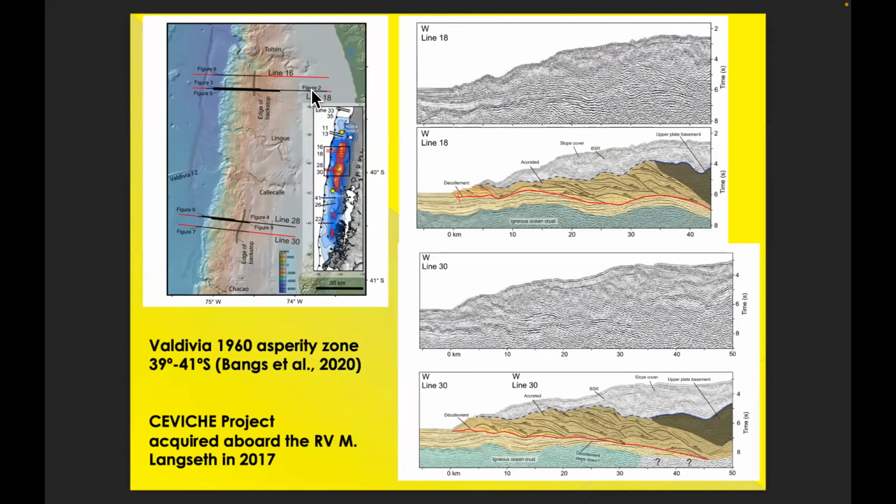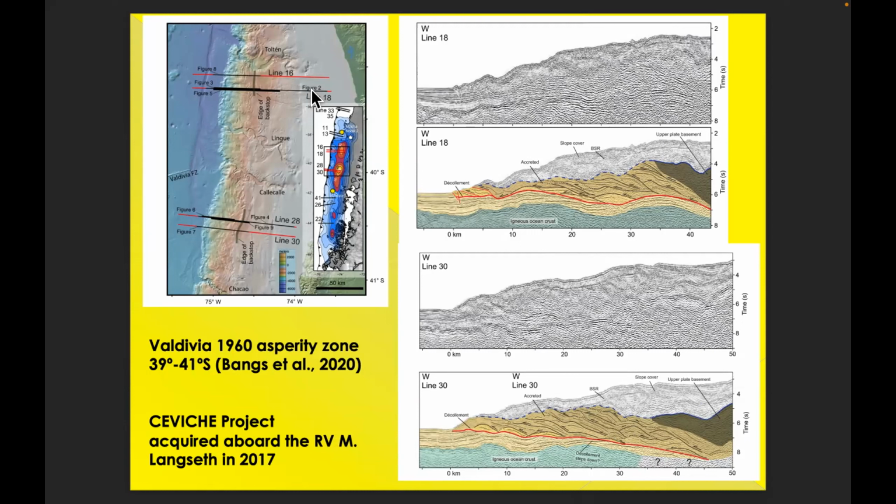In 2017, Nathan Bangs and co-authors from Texas and from Universidad de Chile mapped three rupture areas: the Maule, the Illapel, and the Valdivia. This is an example from Valdivia. Valdivia is the northern part of the rupture area of the 1960 megathrust earthquake, the largest earthquake ever recorded.